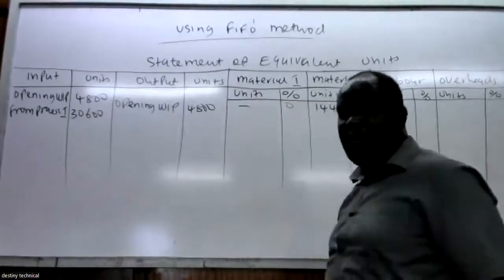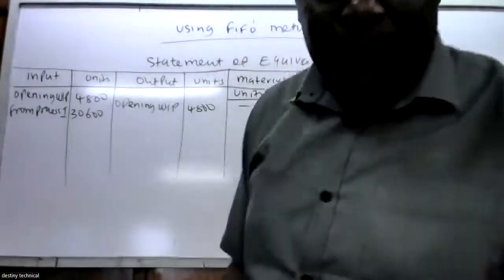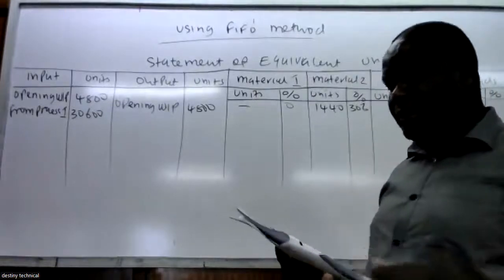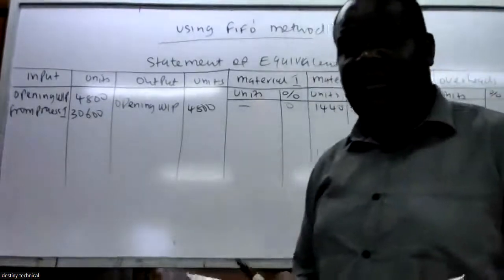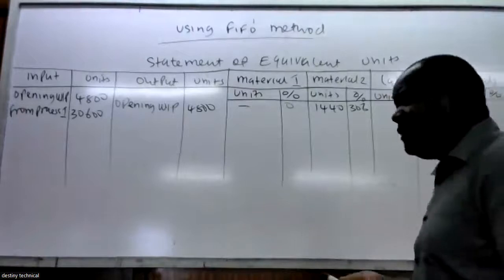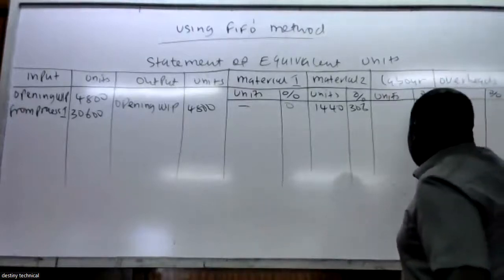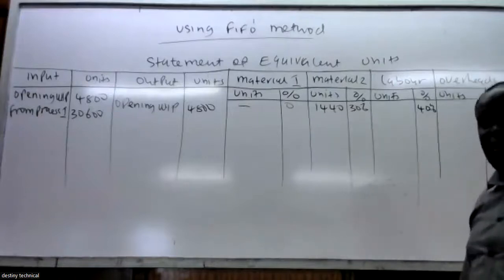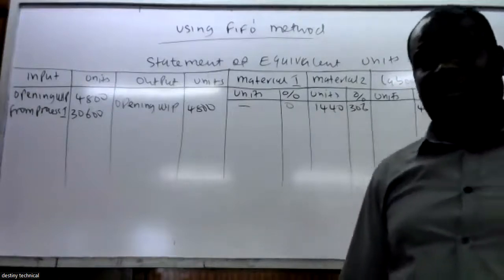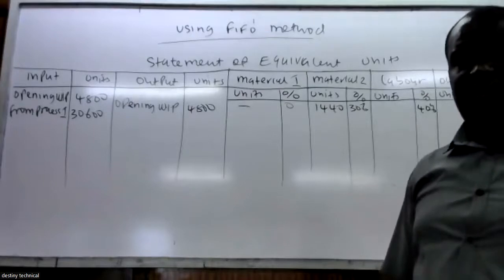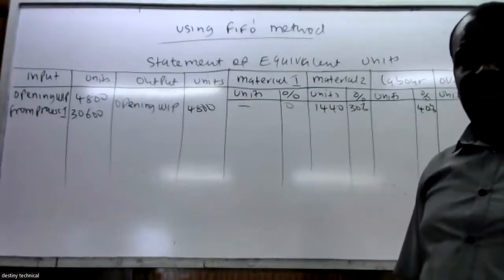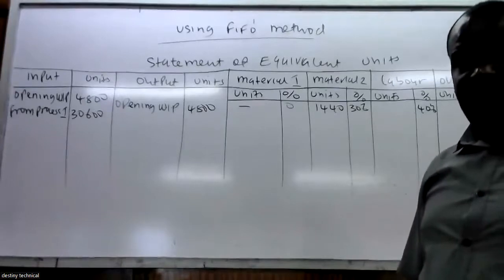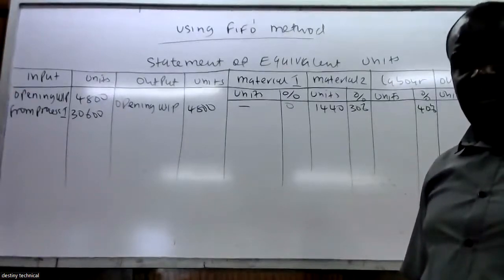Then labor is what you are given there as 60%. The remaining percentage will be 40%. So we also get 40% of 4,800. What should be 40% of 4,800?